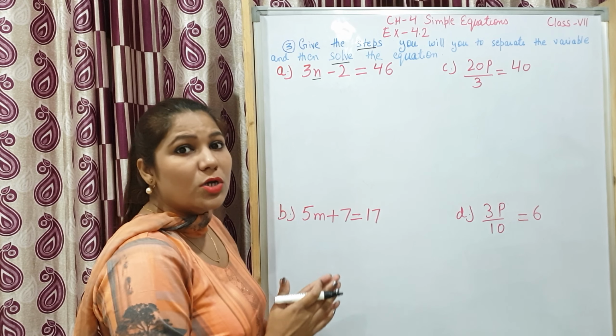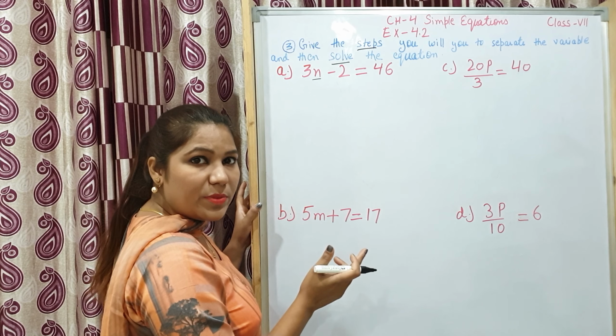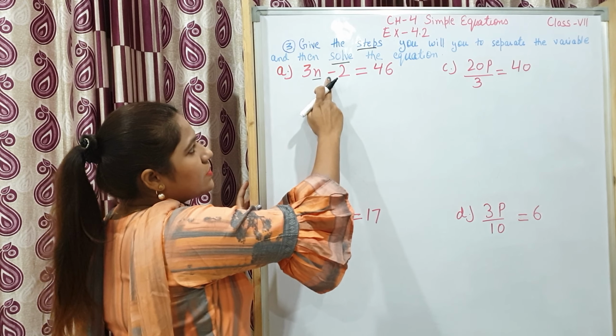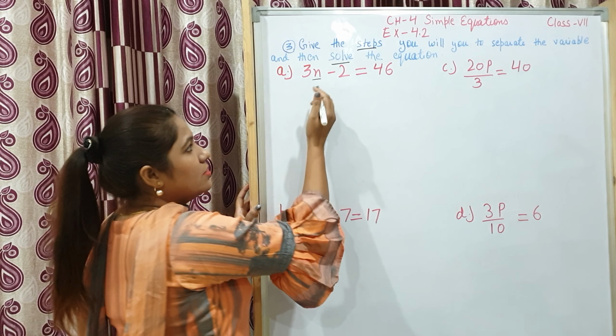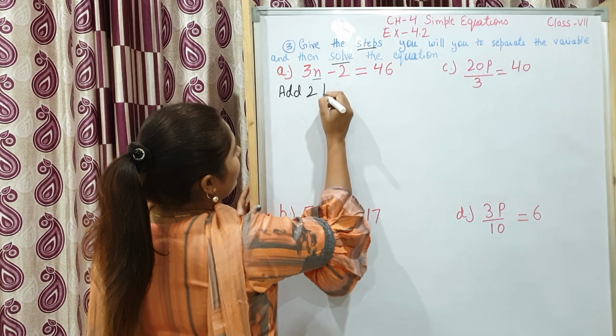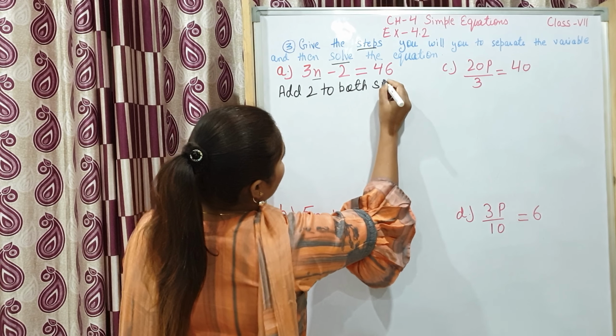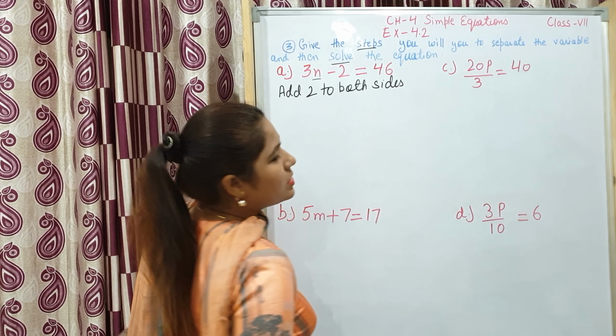First you have to eliminate these two. How will you do it? Opposite. If here is minus, you will do the addition. So we will write: add 2 to both sides.